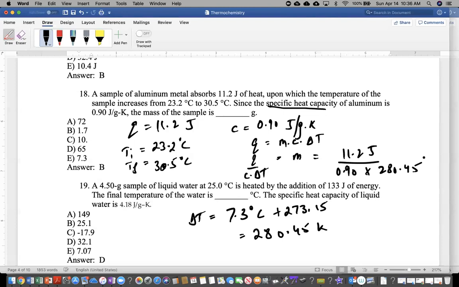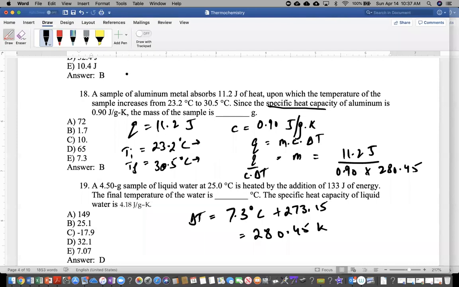Wait, so the difference between those two is 280? The difference between the two temperatures? The difference between them in Kelvin, is that right? Oh, I think we have to first change them to Kelvin, and then find the difference. Because the difference should technically be the same. You're right.